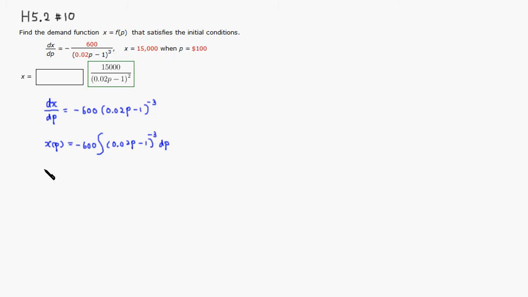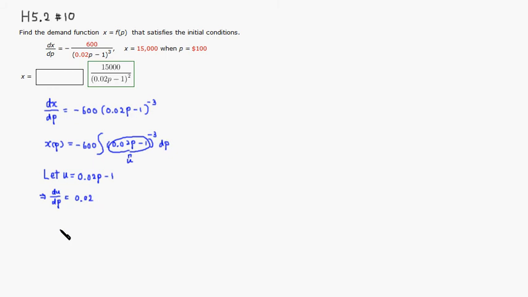So let u be equal to, usually, the expression inside the parentheses. So I'm going to call that guy u. So it's going to be 0.02p minus 1.